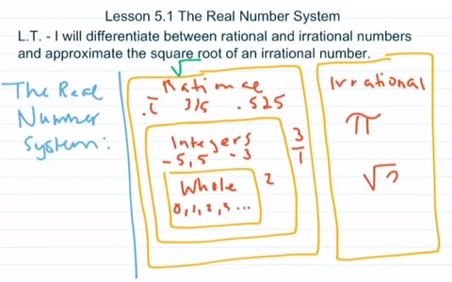Also, the square root of 2 is an irrational number. It goes on forever and never repeats. So within the real number system, we have both rational and irrational numbers. We want to be able to be given a number and determine what kind of number it is. That's the goal.